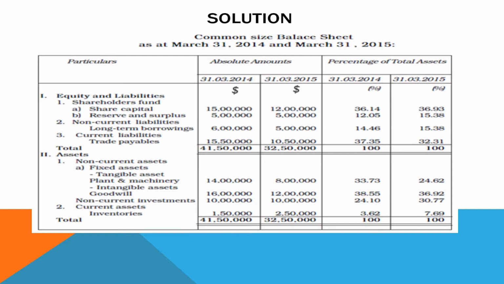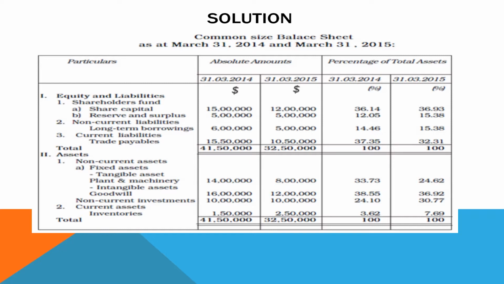In 2014, the value of share capital was 15 lakh, and in 2015 it was 12 lakh. And in case of reserve and surplus, in 2014 it was 5 lakh, and in 15 it is 5 lakh. Now, moving on to long-term borrowings, which is 6 lakh and 5 lakh respectively.